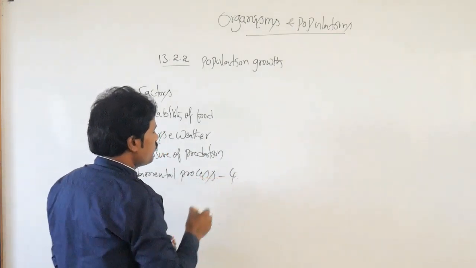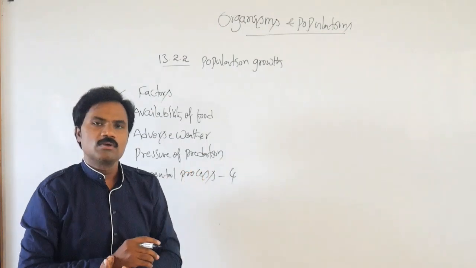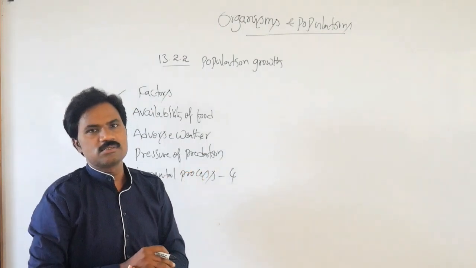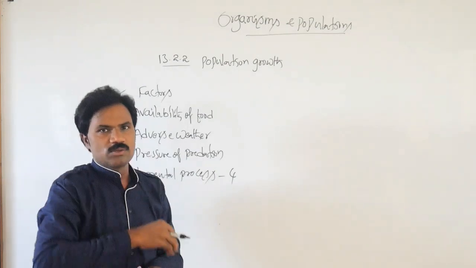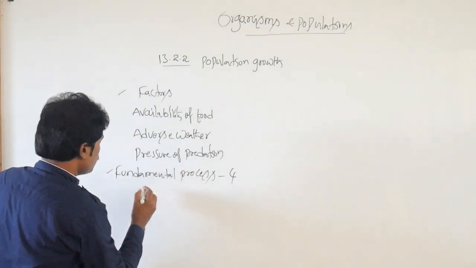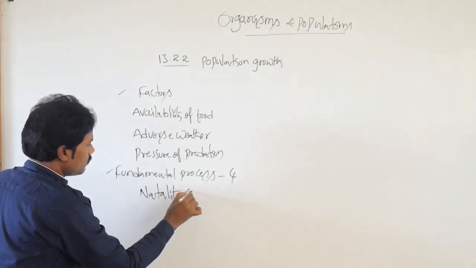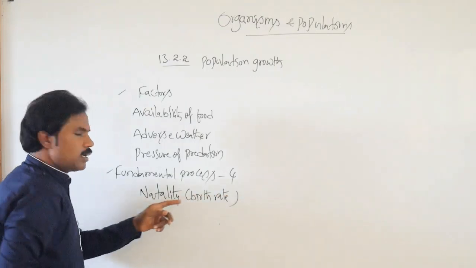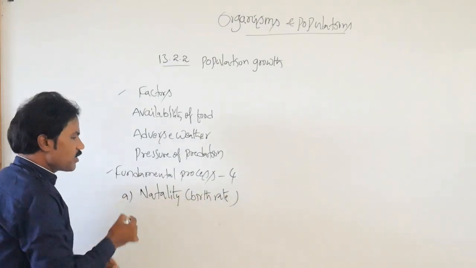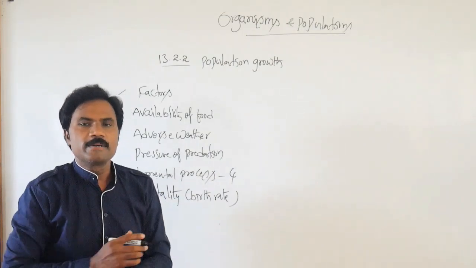What are the basic fundamental processes that change the population size, that means the total number of organisms? First one is natality, or birth rate.